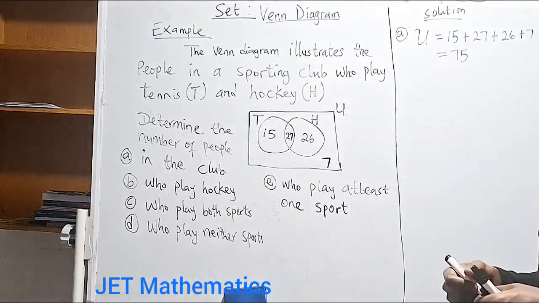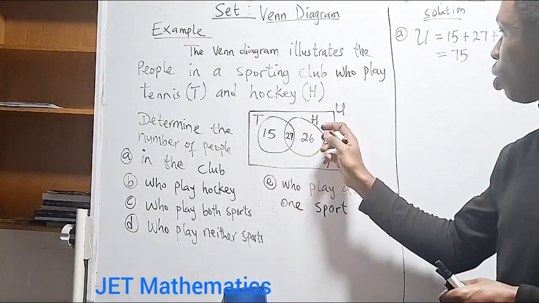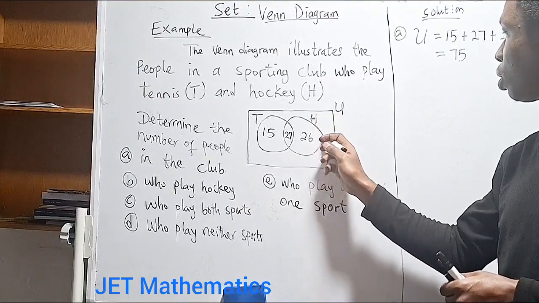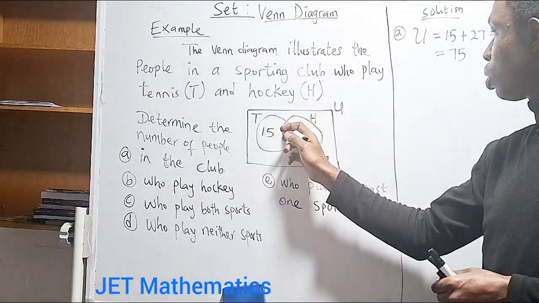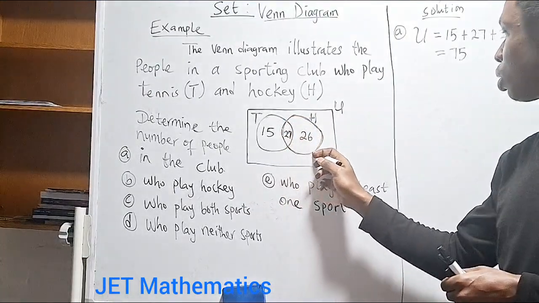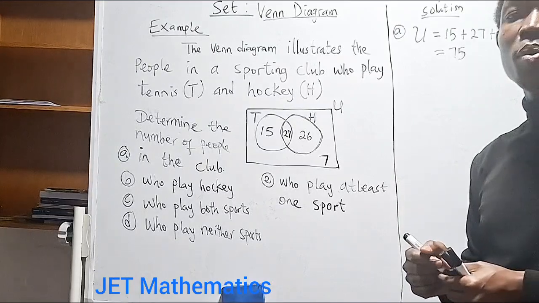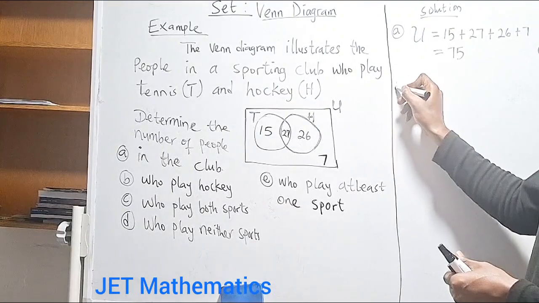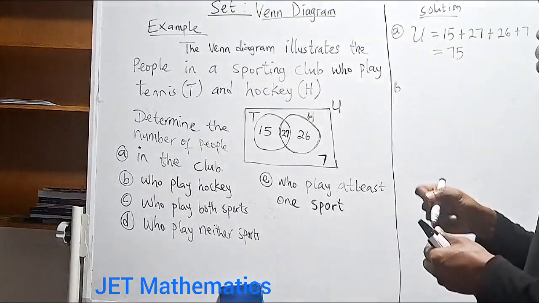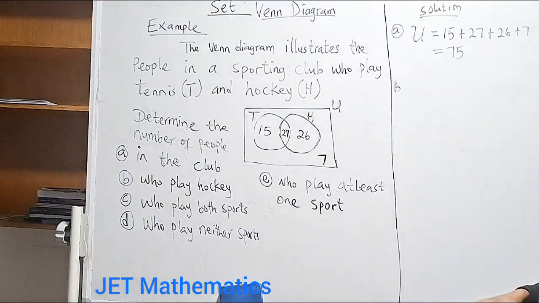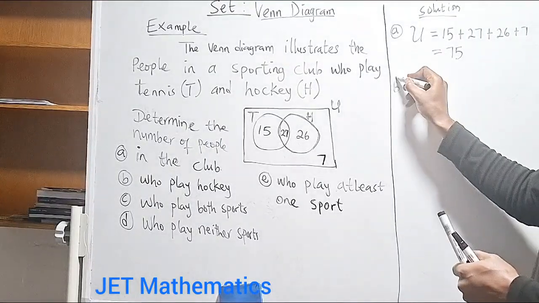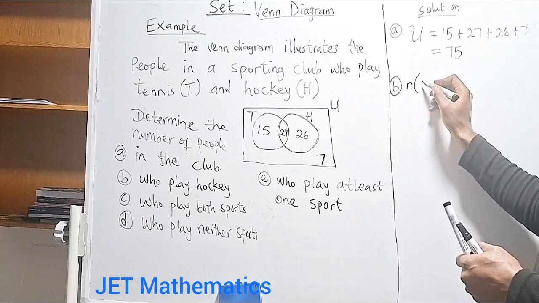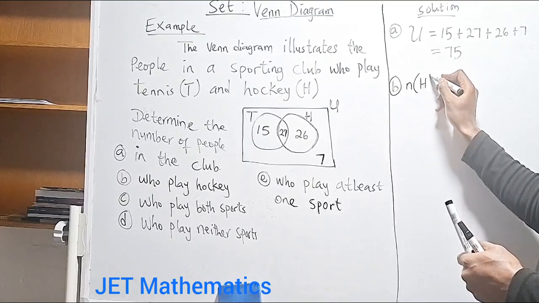The number of people who play hockey. Now let's look at the set hockey, which is H. It's represented with this. So we're going to write that as B, the cardinality of those that play hockey.